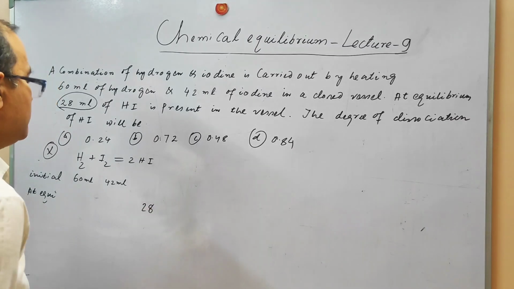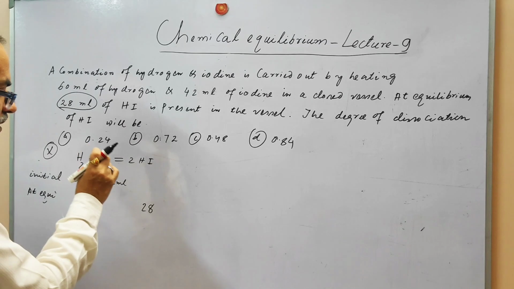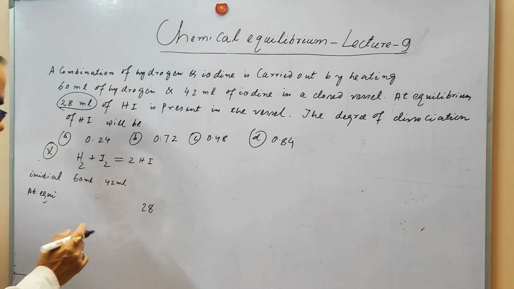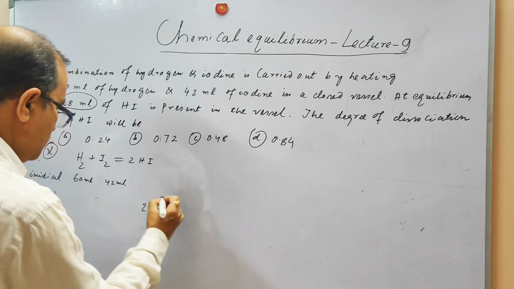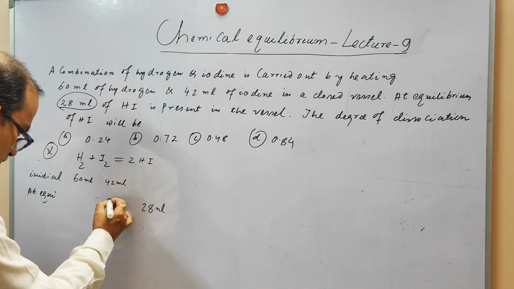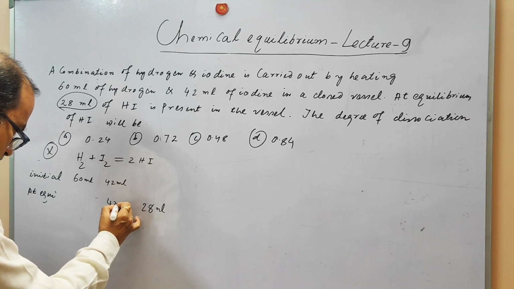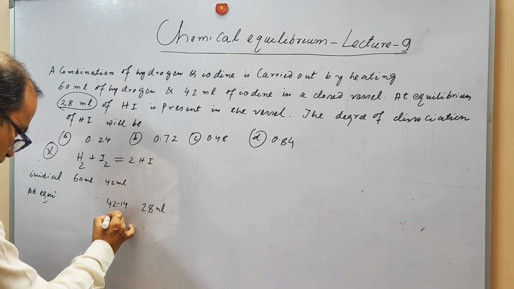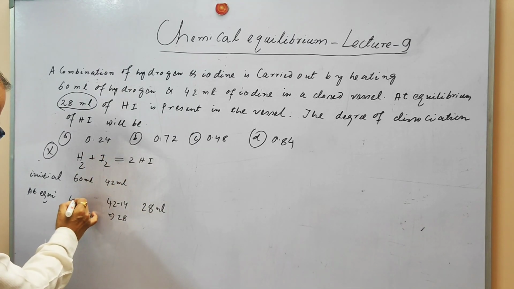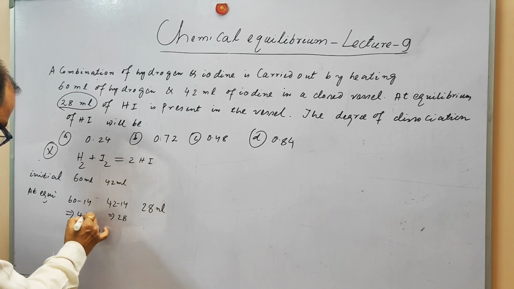So 28 milliliter HI will be produced from how many milliliter of hydrogen and iodine, that we have to see. You can easily find that it will be 14 milliliter. So this will be 42 minus 14, that will be 28, and this also 60 minus 14, that will be 46 milliliter.